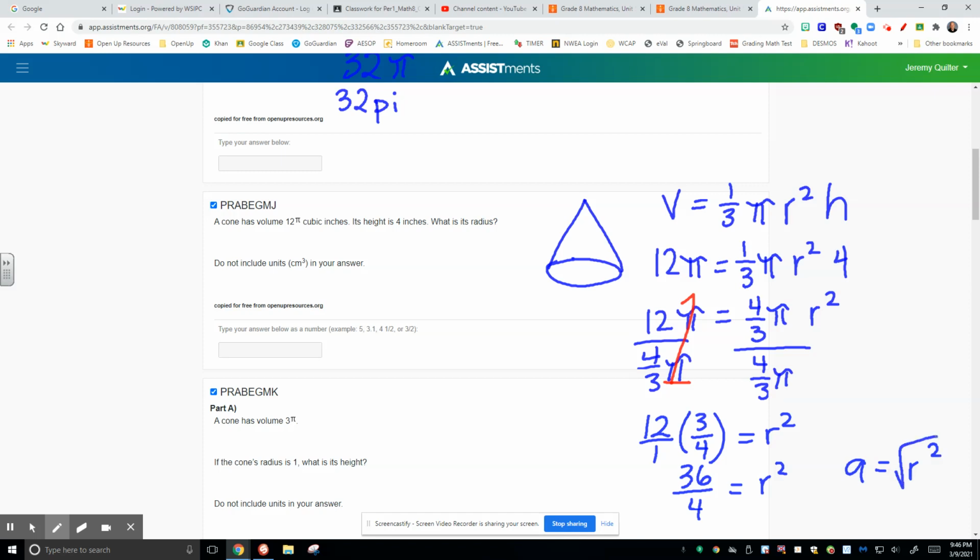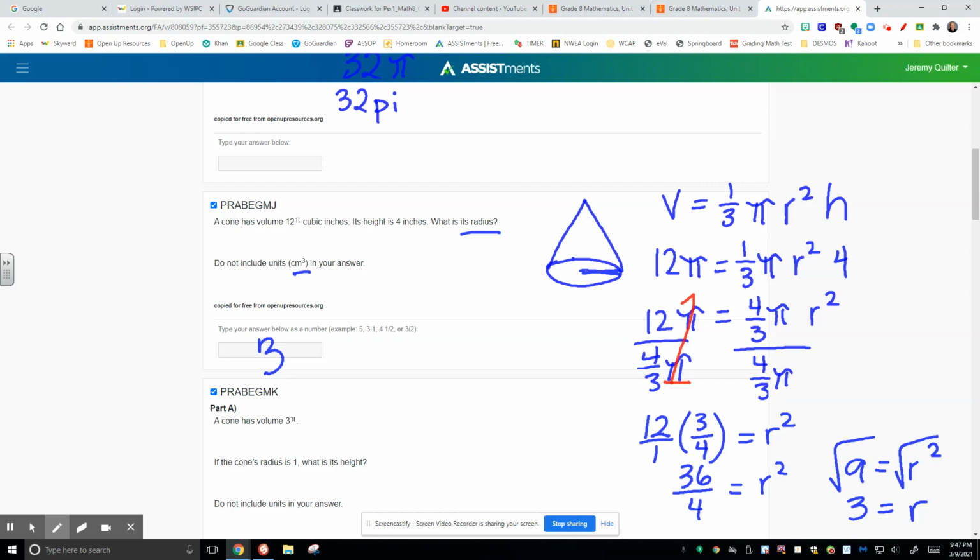It's a special kind of division called the square root to get r by itself, and the square root of 9 is 3, meaning that the radius would be 3. No centimeters cubed, nothing else on there to add to that value. It wouldn't even make sense to put centimeters cubed because the radius is simply a linear measurement.